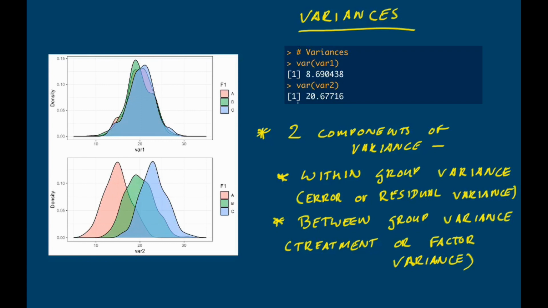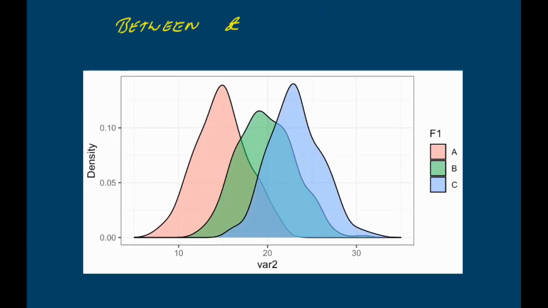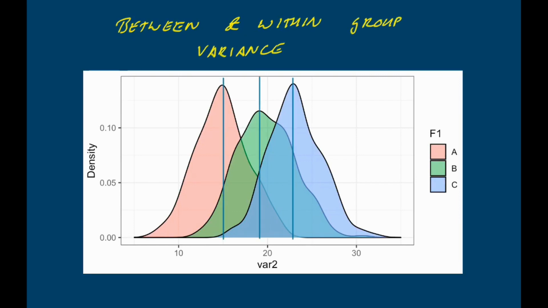Let's just try and make that a bit clearer. So here's variable 2 again. Here are the centres of the three distributions of the three groups within variable 2, and you can see that those are positioned in different places on the x-axis of our graph here.